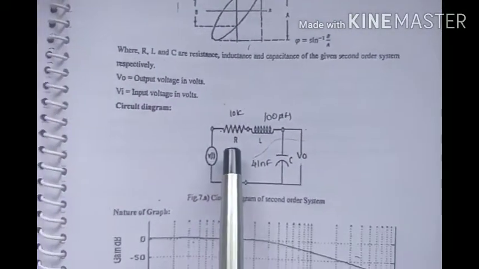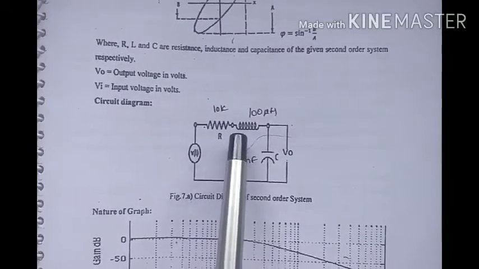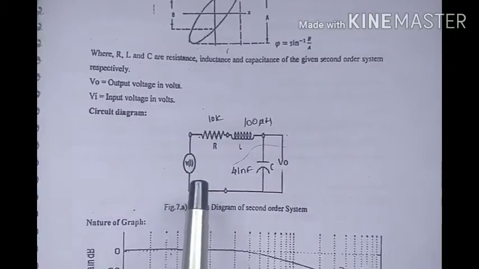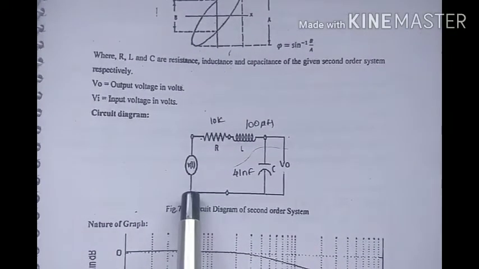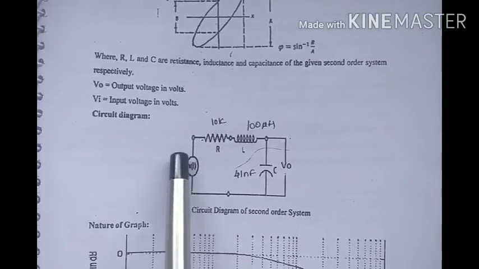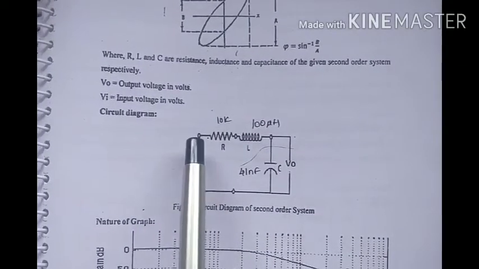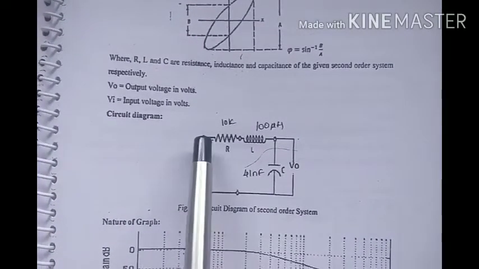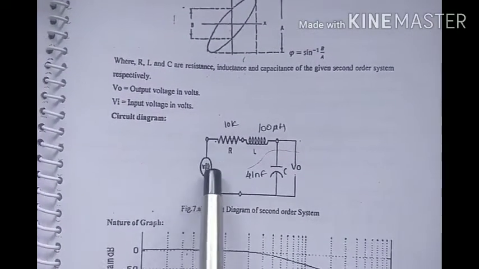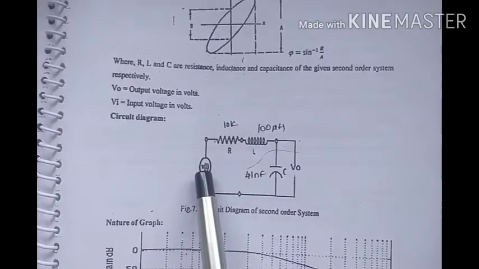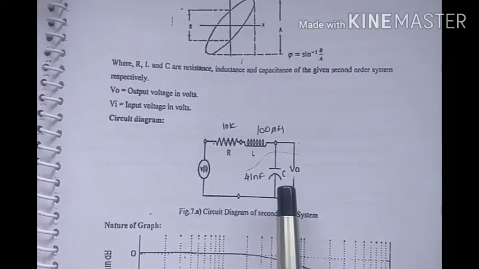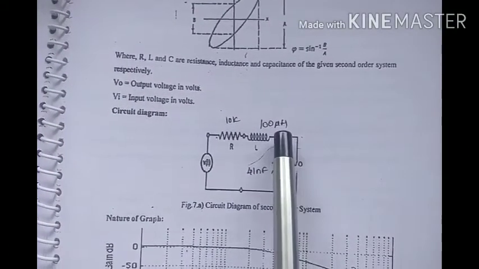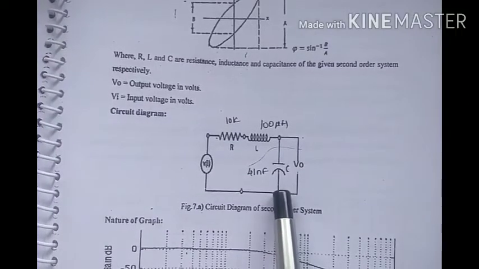Further, we are going to connect the resistance, inductance and capacitance in series, and between the resistance and the common point, we are going to connect the signal generator. One channel of the CRO is connected to our signal generator, and the second probe of our CRO is connected between the capacitor and the common point.